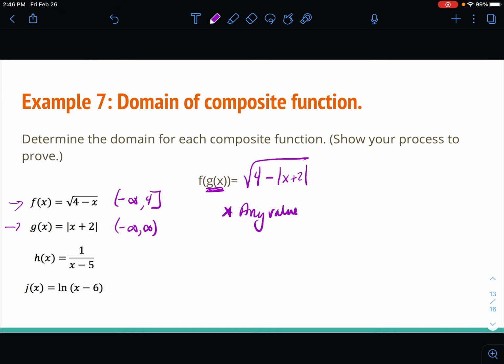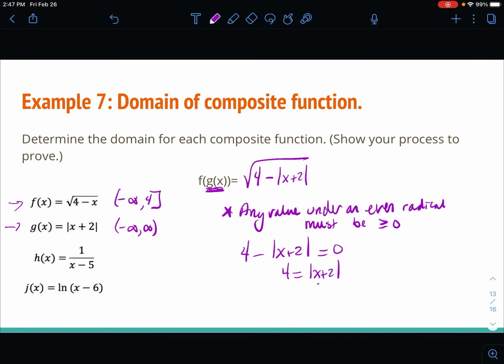Any value under an even root or radical must be greater than or equal to 0. Okay, so that's what I would take a look at. So let's go ahead and set that equal to 0. 4 minus the square root of x plus 2 equals 0. And let's go ahead and solve this. So I'm going to add the square root to both sides.